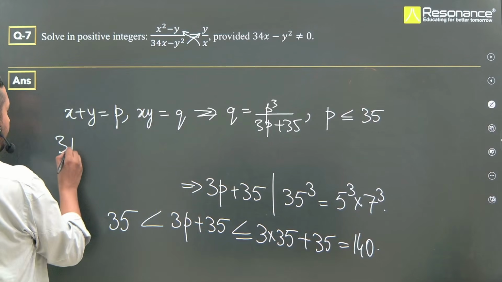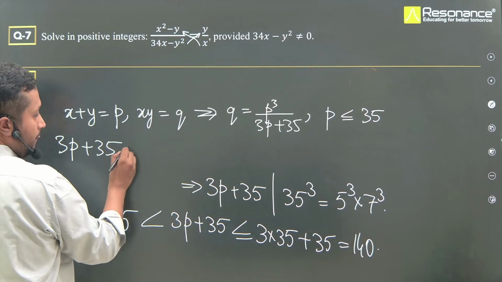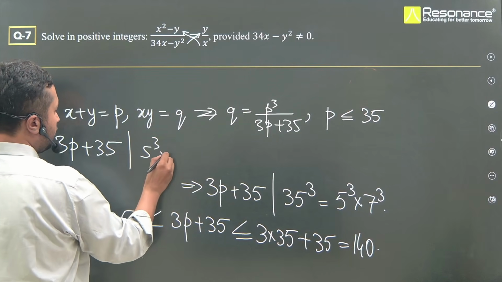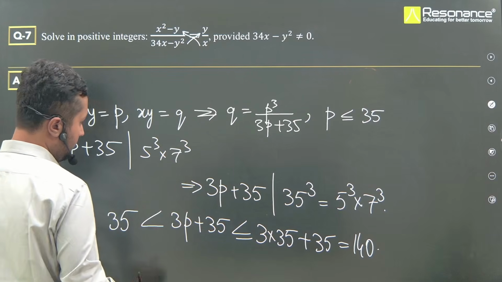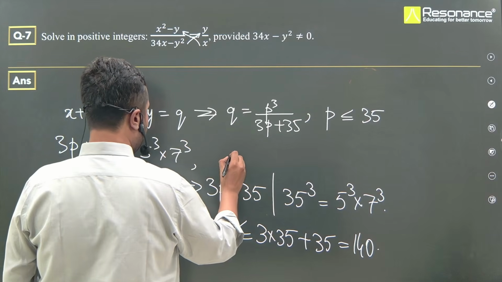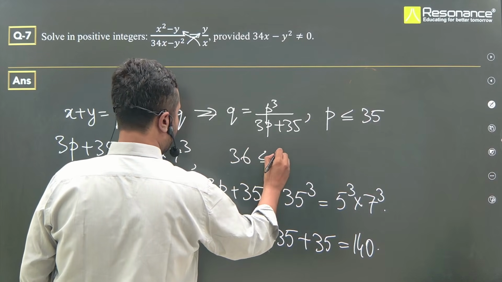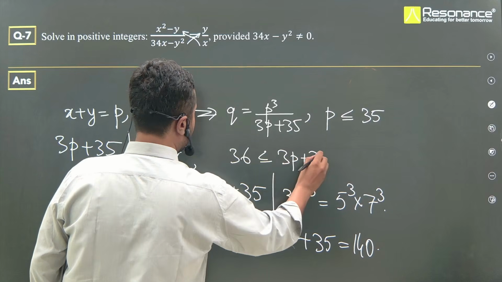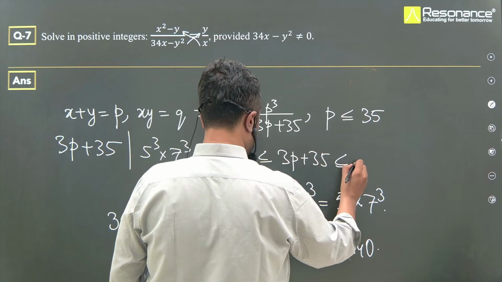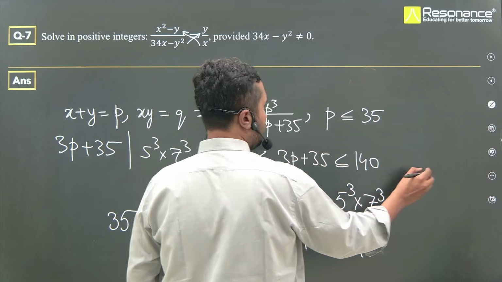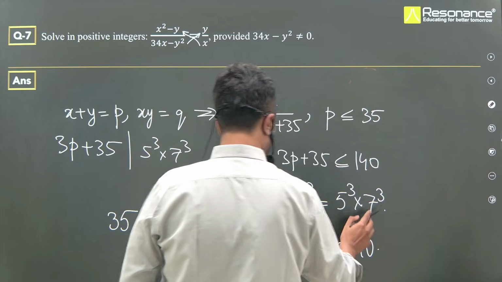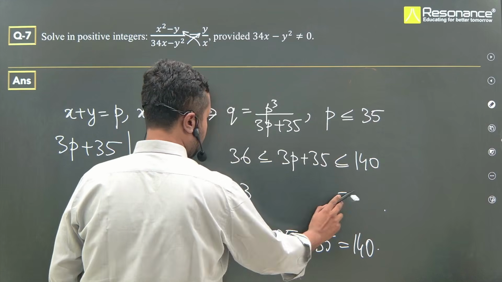So 3p plus 35 divides 5 cubed into 7 cubed, and also this number is at least 36, right? I mean, it's much more than that, but it's at least 36 and at most 140. So now I can happily remove these two lines.